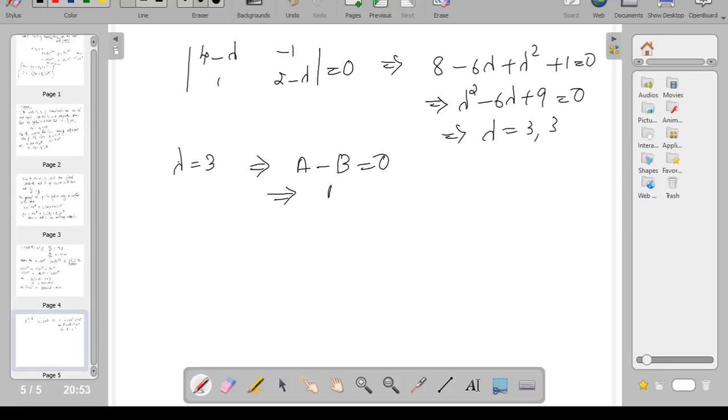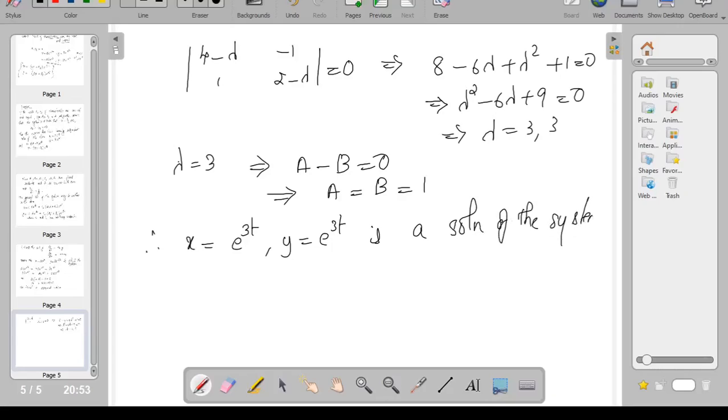So lambda equal to 3 gives a minus b equal to 0. So let us take a equal to b equal to 1. So we have got a and b. Therefore the first solution is x equal to e raised to 3t and y equal to e raised to 3t, a solution of the system.